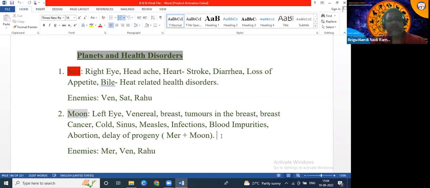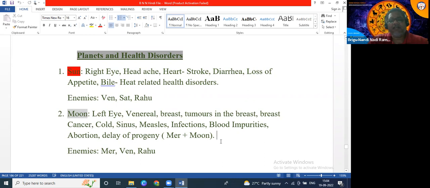Suppose Moon is conjoined with Mercury, Venus, Rahu, all enemies, then definitely breast related problems, tumors, breast cancer. We can see here cold, kapha related problems, infection, blood impurities. So what I am trying to tell you is, if Moon is conjoined with Venus or Mercury or Rahu, the native will get these health problems.